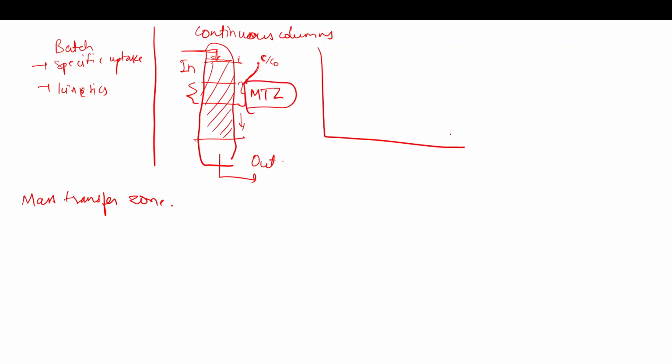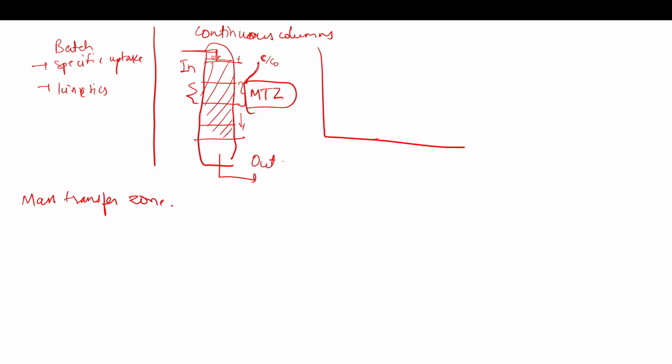Now what happens is it will go on reducing and there will be a certain point, right, after which no maximum uptake has happened, and say for example after this point, till this point there is no pollutant coming out because there is enough space, enough time available for contact and removal.